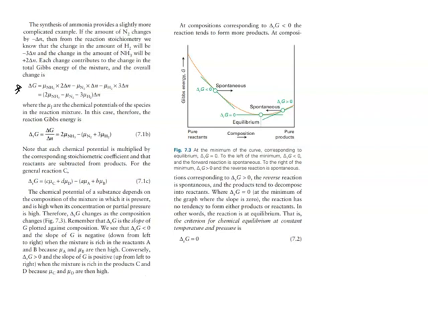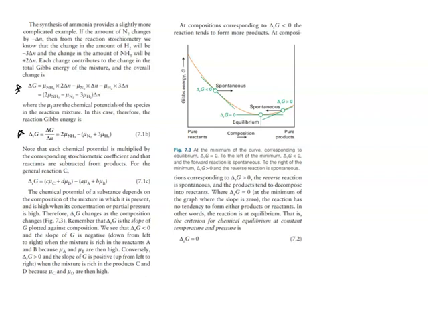And really the only difference here is we have to adjust for the stoichiometry of the reaction, where the chemical potentials for some species J are the chemical potentials of the species in the reaction mixture. In this case, therefore, the reaction Gibbs energy is as follows, which is, like I said, very similar to what we saw before.